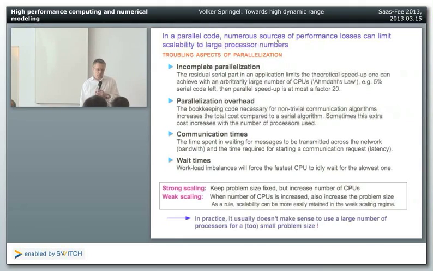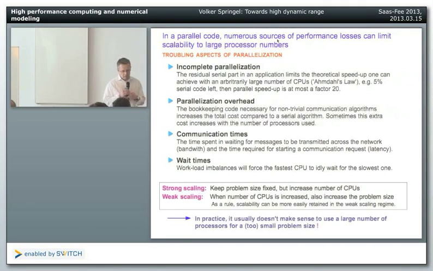That basically says, let me keep the problem size fixed, and now you change the number of processors or compute cores you use. If you double the number of cores, you would like to see double the speed. So the wall clock time to a solution should go down by a factor of 2. That's the ideal strong scaling. That is very hard to achieve because of things like Amdahl's law.